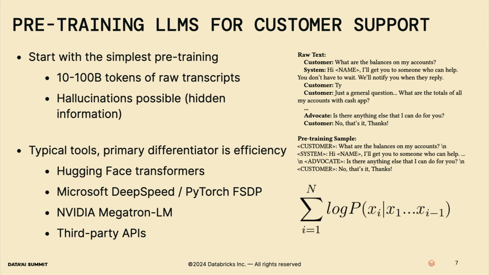I think this one must have written in and gotten queued. So the system says, we'll get you to someone who can help. You don't have to wait, we'll notify you. And then the customer responds back. Eventually, I just put some ellipses there. Our support reps, we call them advocates because they advocate on behalf of the customer. They solve the customer's problem, but we've got tens to hundreds of billions of tokens of these types of transcripts. And so that's what we're going to use for our pre-training.